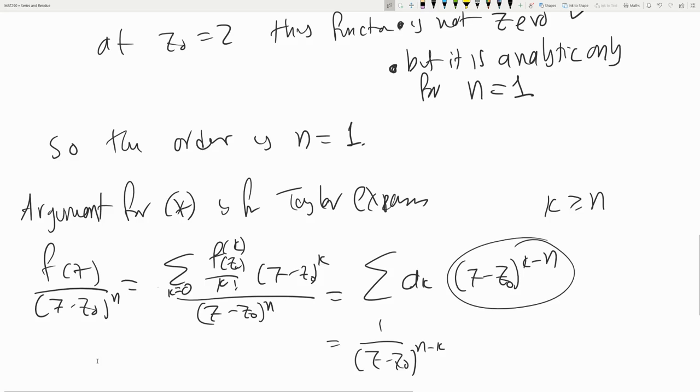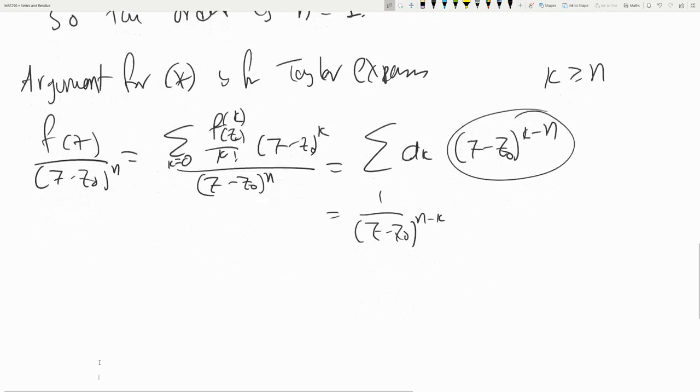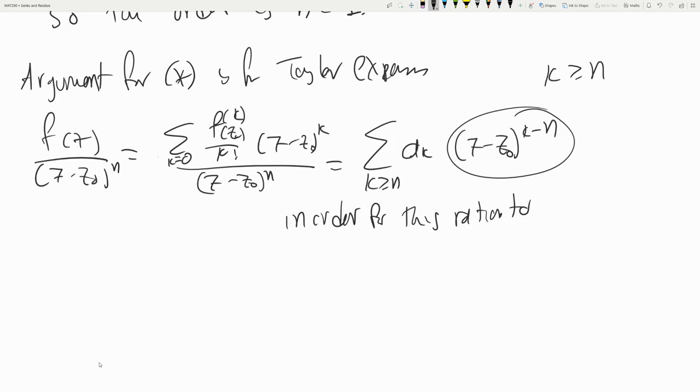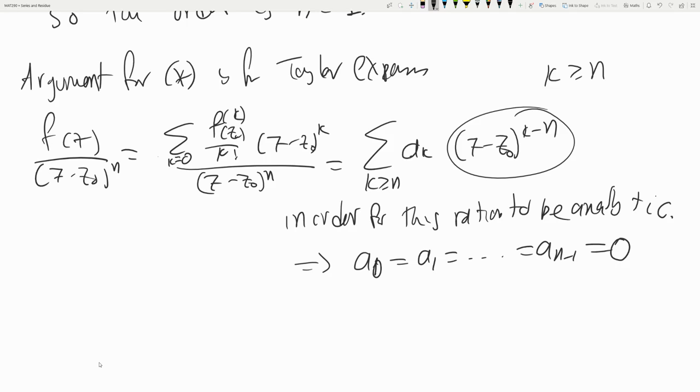So we have that k must be greater than or equal to n in order for this ratio to be analytic, and that implies that a_0, a_1, up to a_(n minus 1) have to be equal to 0.